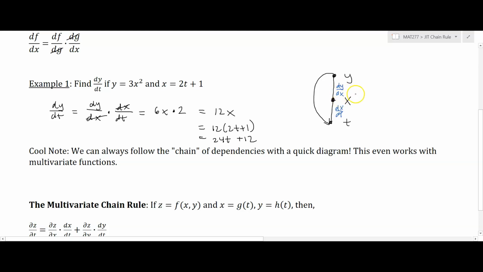And then by building this chain, all I have to do to find dy/dt, which is what I want, is multiply the chain of derivatives, which is dy/dx times dx/dt. And the beautiful part is this will always work, even in situations where you have a multivariate problem.